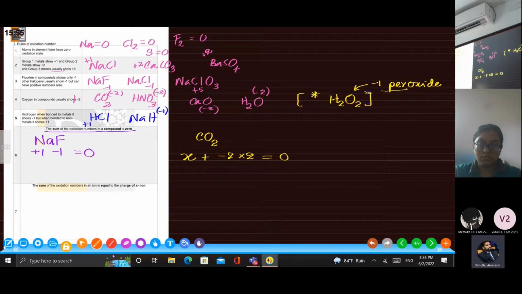Do you get the point? Now I can find the oxidation number of carbon: X plus -4 equals 0. Therefore, X is +4. This is how you find the oxidation state of an unknown one using rule number 6. Is that clear? So carbon's oxidation state is +4, and for oxygen it's -2.